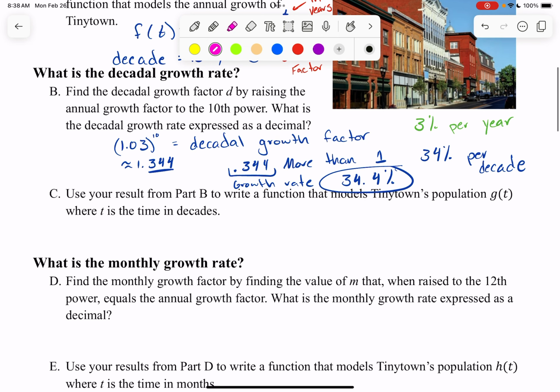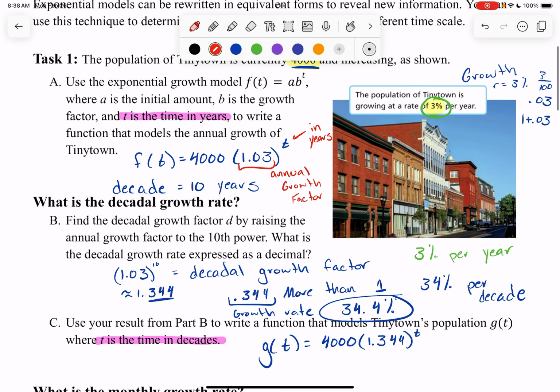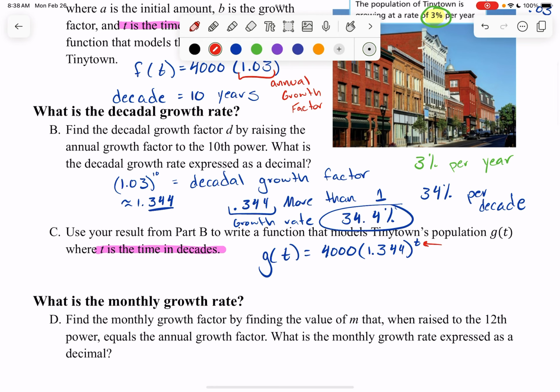Down here, t is the time in decades. So this new function, g of t, would equal still our starting amount, our new decadal growth factor, which is 1.344 to the t. And instead of my input being in years, this input is in decades.